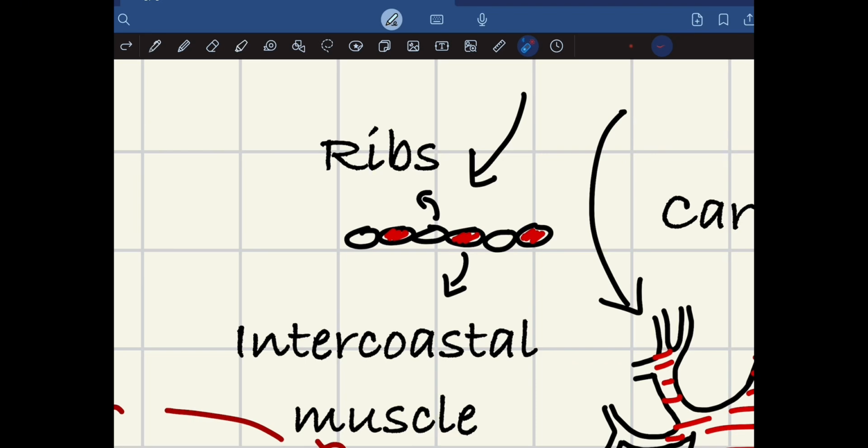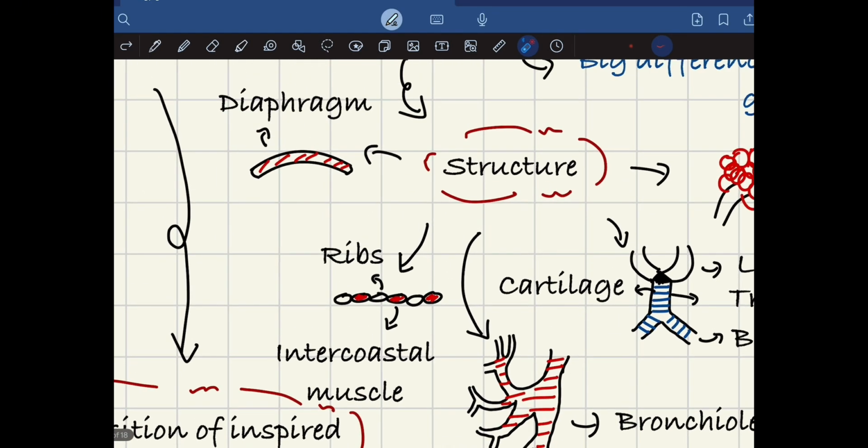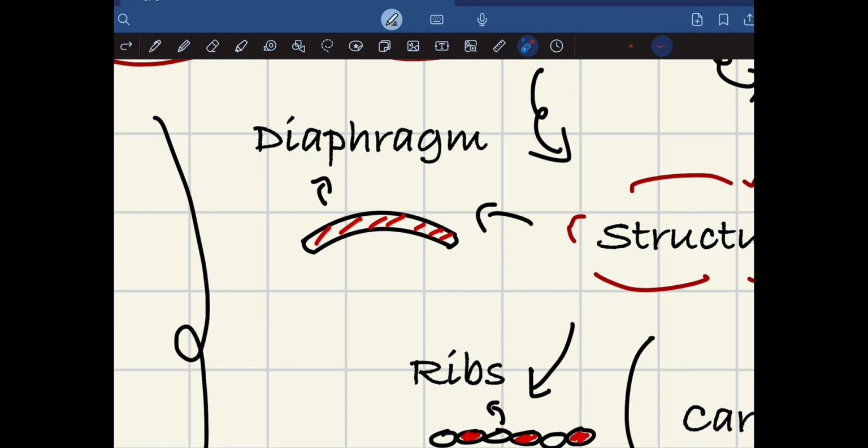One way to remember this is that ribs are bones, and bones are usually white, so the unshaded part will be your ribs, and the shaded part will be your muscle, specifically the intercostal muscle. Then next you have the diaphragm, which looks like a headband.